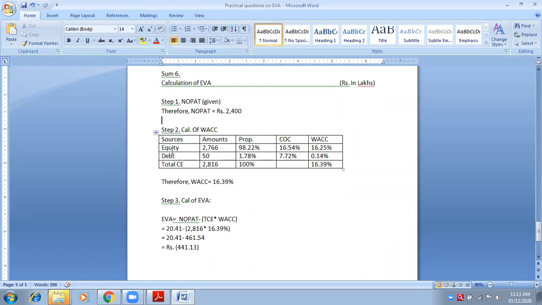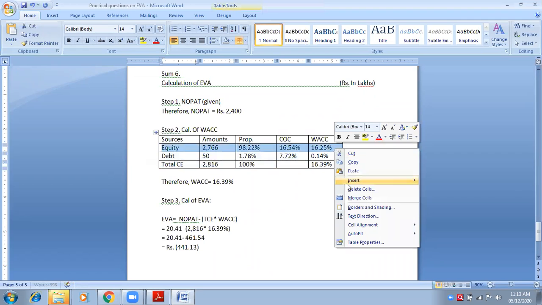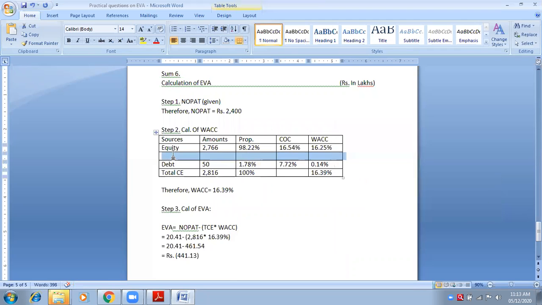Okay. Now next is calculation of WACC. Now equity is there. After equity we have reserves and surplus, and we have debt also.